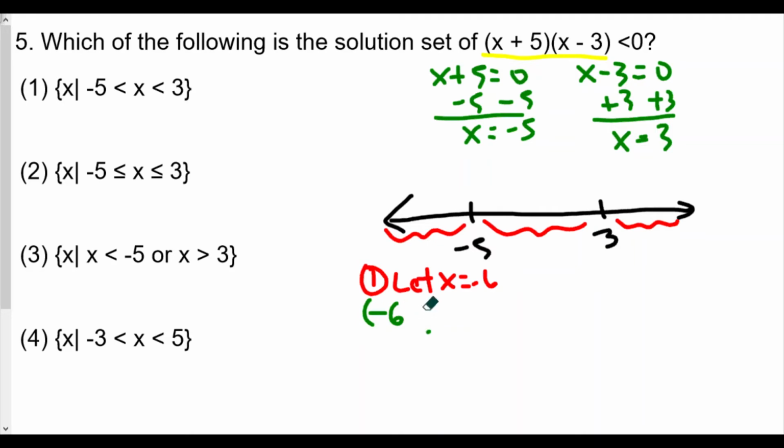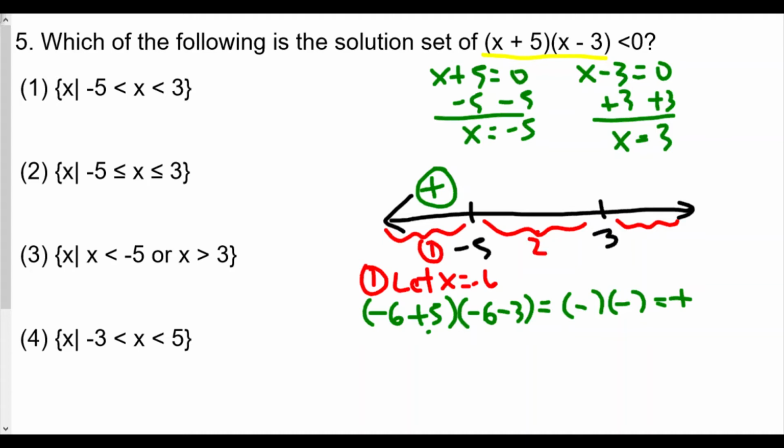I made an error, which happens sometimes. So -6 plus 5, and then for the second parenthesis, I'm plugging -6 for x, so -6 minus 3. And we'll see in this case a negative number times a negative number gives me a positive result. Therefore, in region 1, I have a positive result. I'll label region 1, region 2, and region 3.